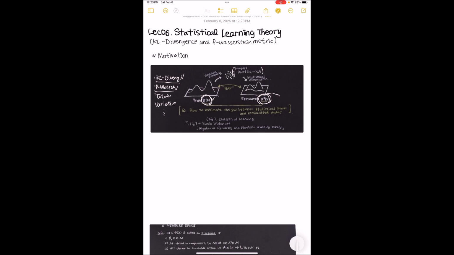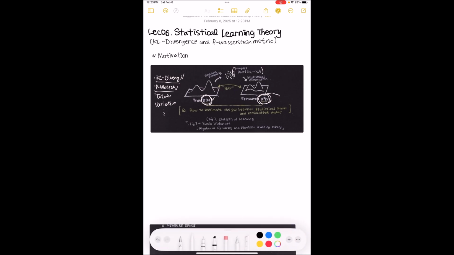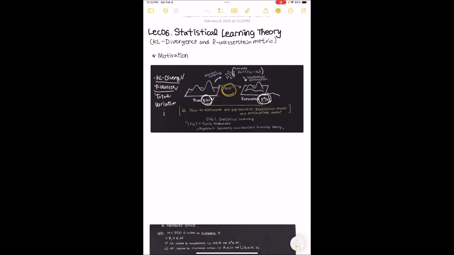As I said, that is to estimate the gap between true data and estimated data. Obviously, if the gap is small, the estimated data is a very good estimation of the sampling.